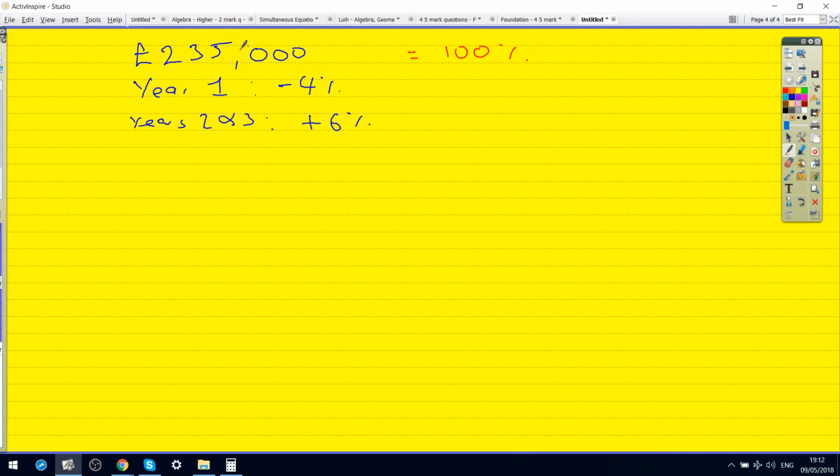So if the starting amount is 100%, which it always is, minus 4% would be what? 96% of the total. Yeah. And so you could just find 96% of that amount of money.